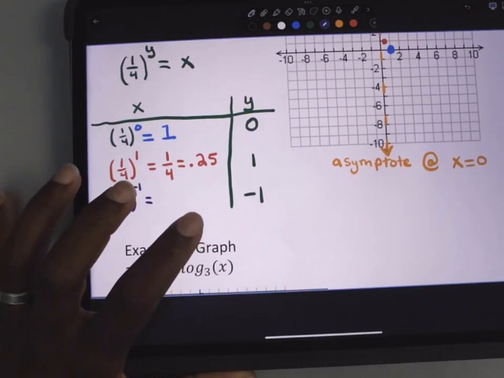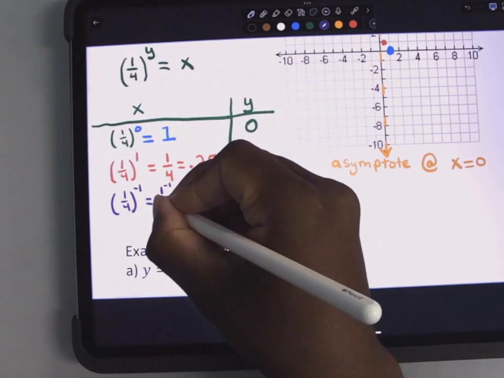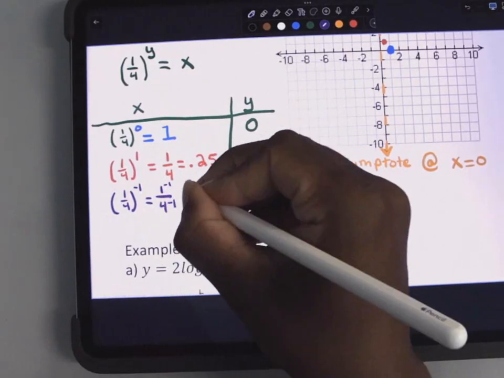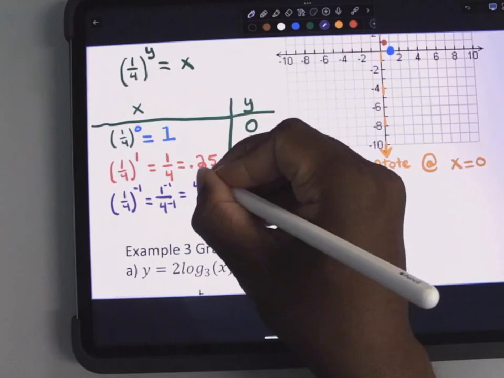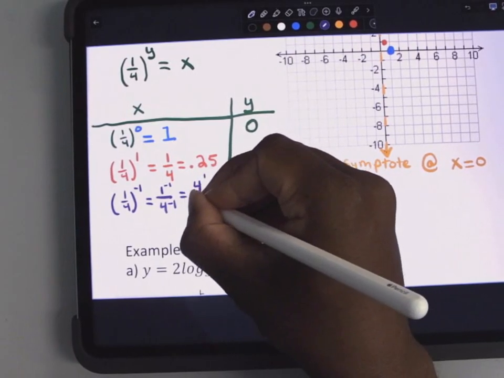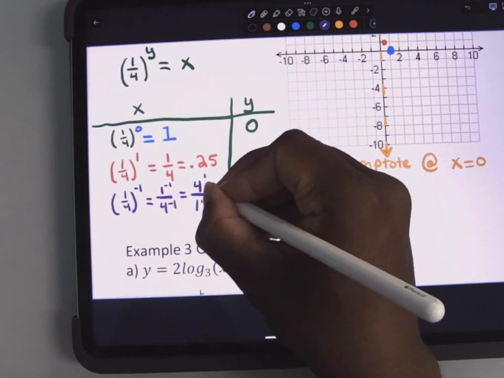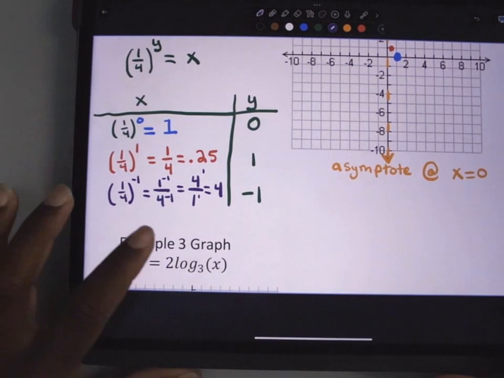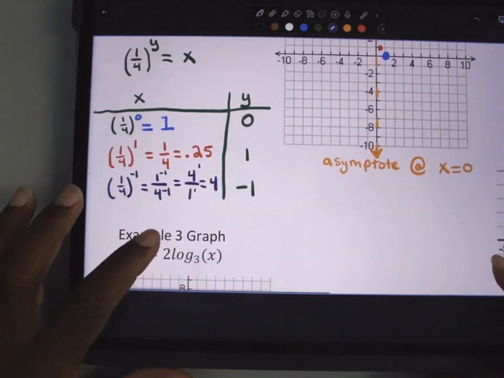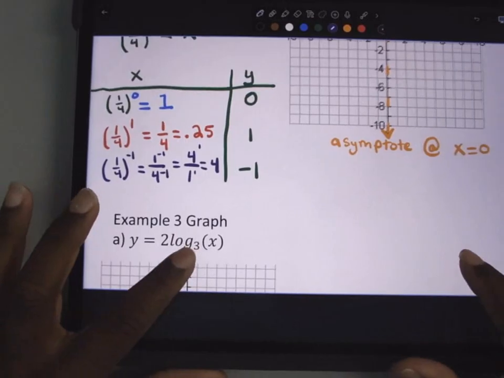And remember, with these negative exponents, to get the exponent positive, we got to flip the fraction. So it will be 4 to the positive 1 power over 1, which comes out to equal just 4. So remember, with negative exponents, we got to flip the fraction to make it positive.